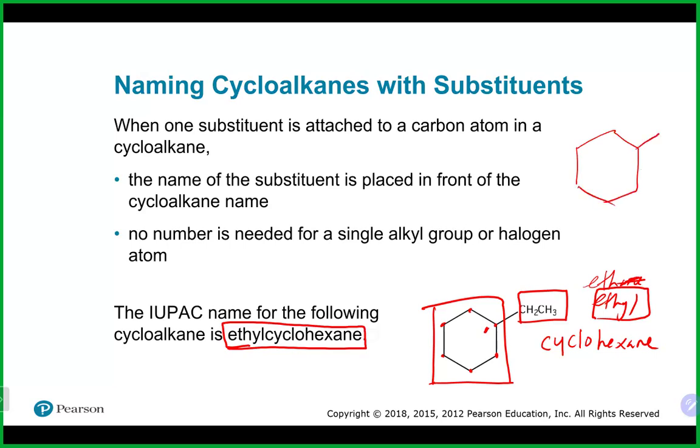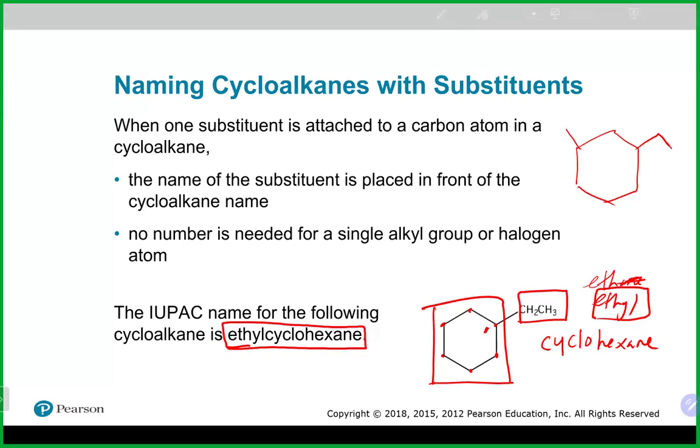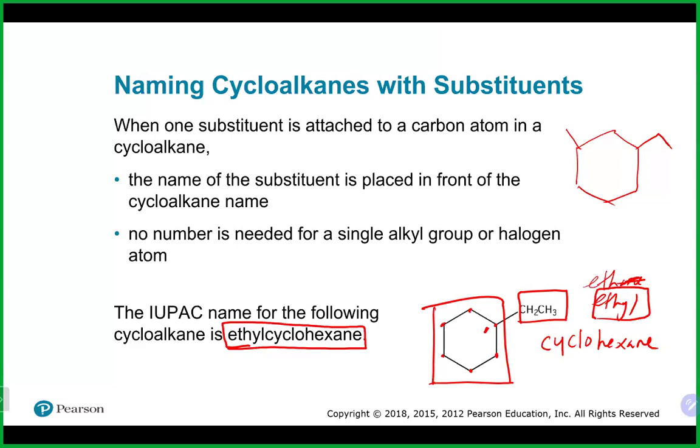Now, if I had this with something like that there, maybe we'll go this way here. So in this case, we have a couple of things attached. So we have to do a little bit of work here. Obviously here, our ring structure is still our largest guy. It's still our 6, so it's still our cyclohexane.